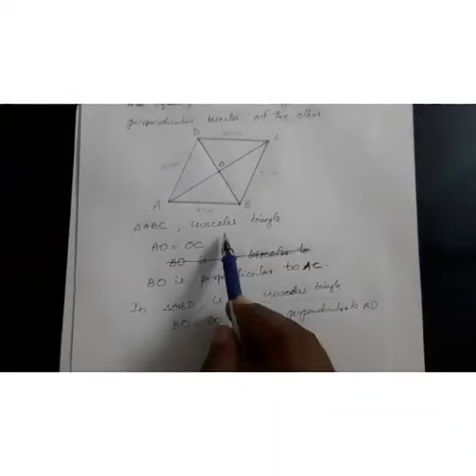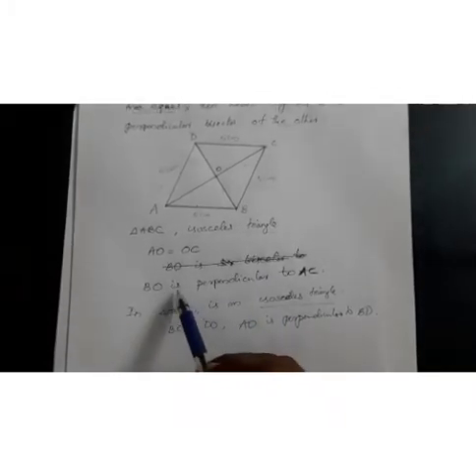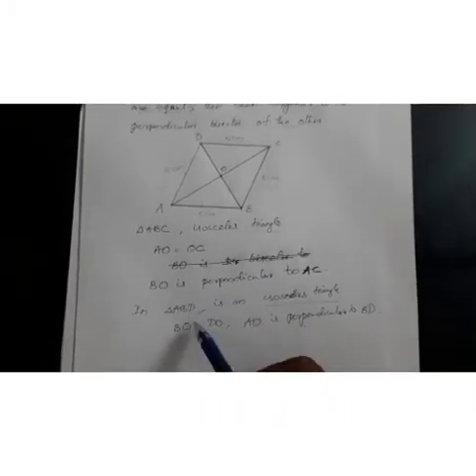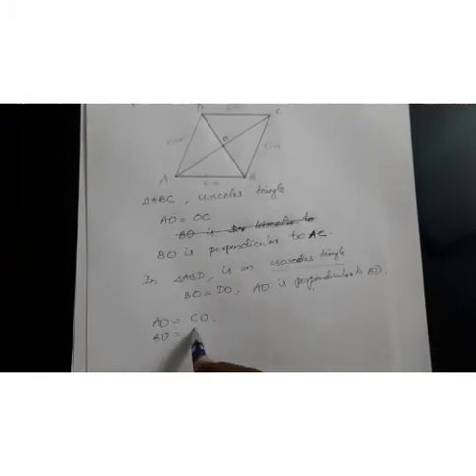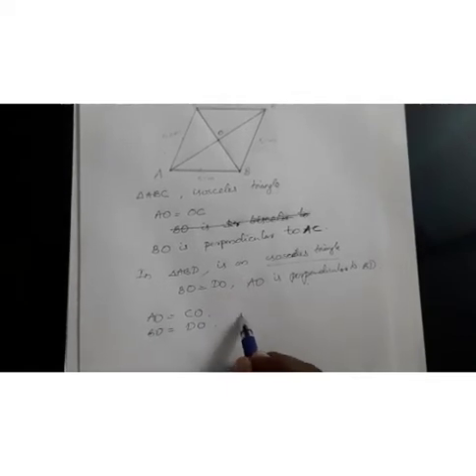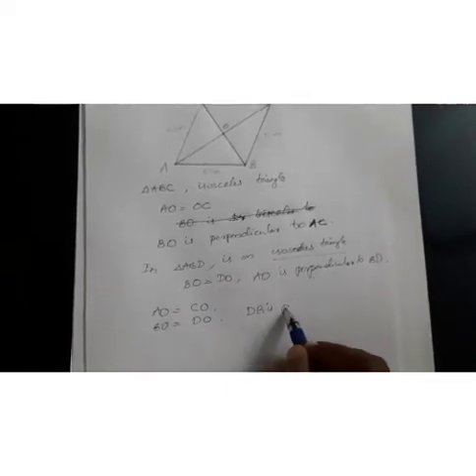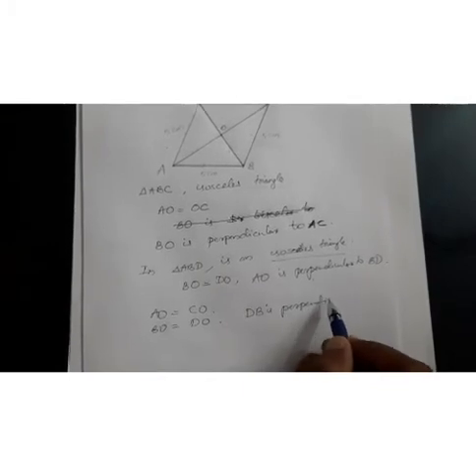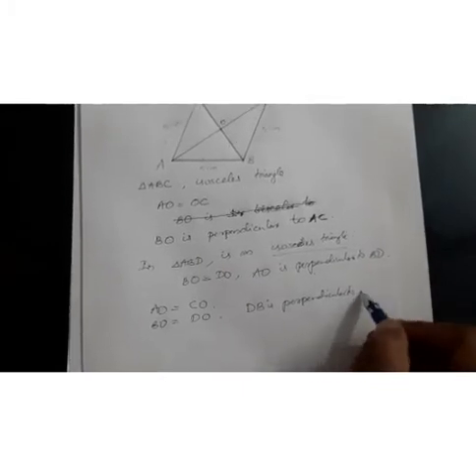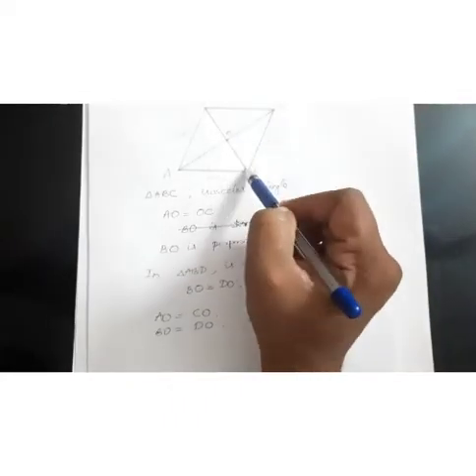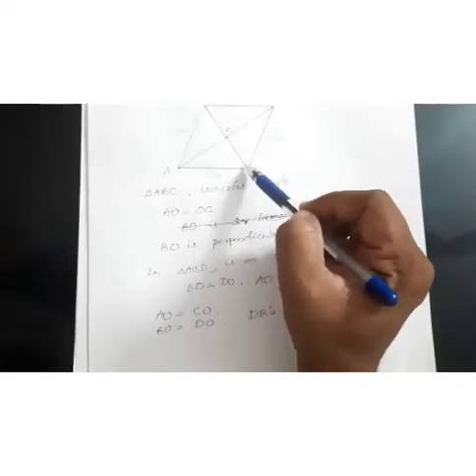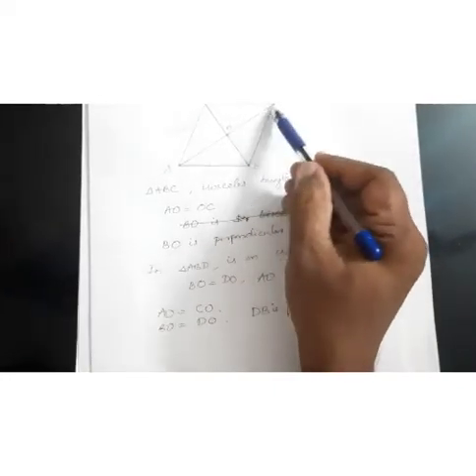Both the triangles are isosceles and both are perpendiculars also. So you can write this together. AO is equal to CO or OC. Then BO is equal to DO. Then we can write DB is perpendicular to AC.